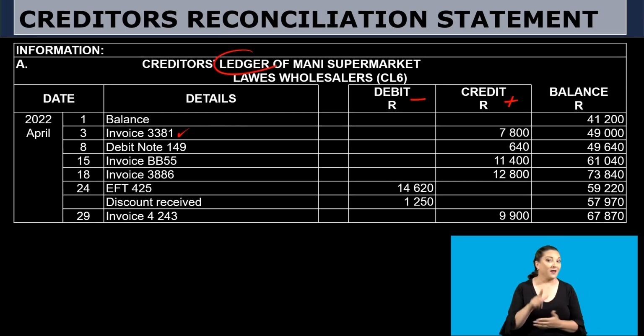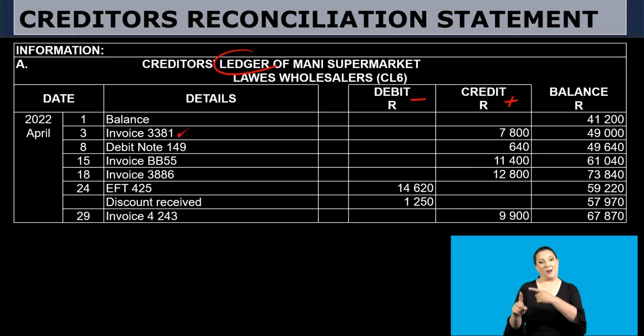You will also be able to check if there's any amount that was incorrectly recorded, but we're going to do that as we correct the errors together. What is very important is to understand that on your credit side of the ledger, it is a plus, and the debit side is your minus side.